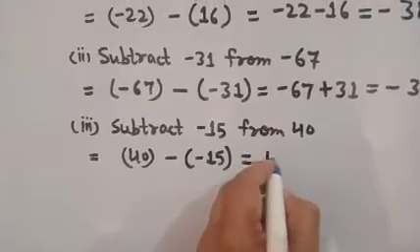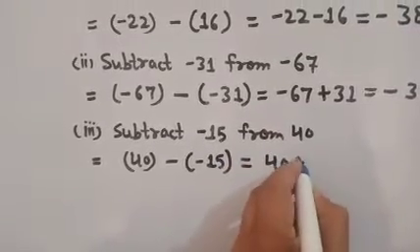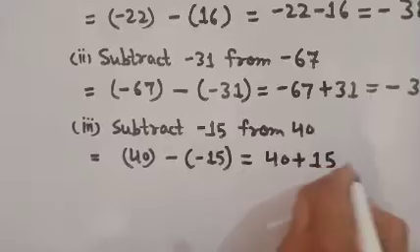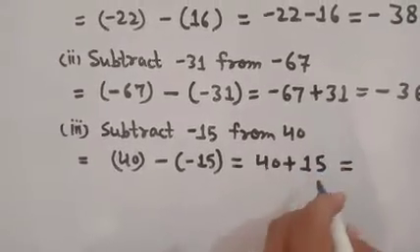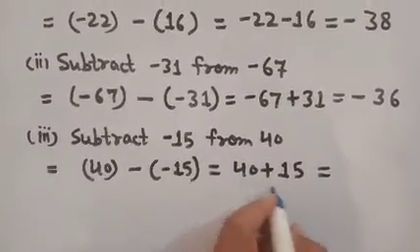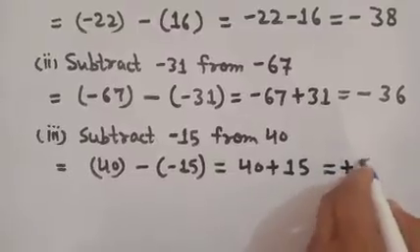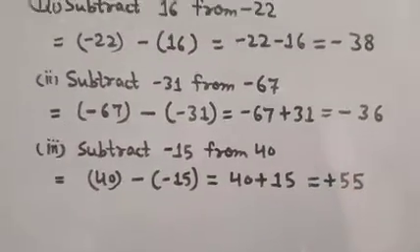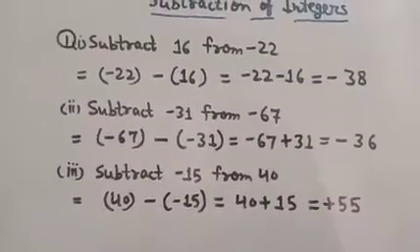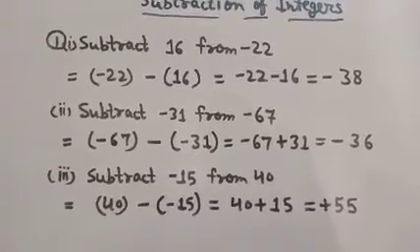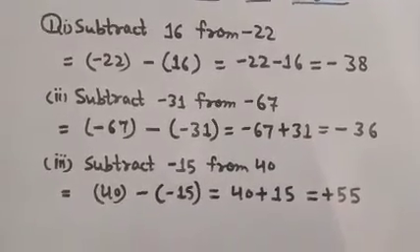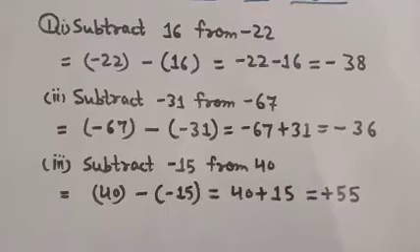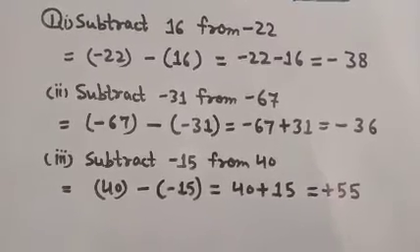Open bracket, 40 minus minus 15 becomes plus 15. If the like integers are there, we add them and put the same sign. Plus 55 will be the answer. So student, I hope you will understand the subtraction of integers. Now we have to move on to the next question. You will do the remaining part like this.